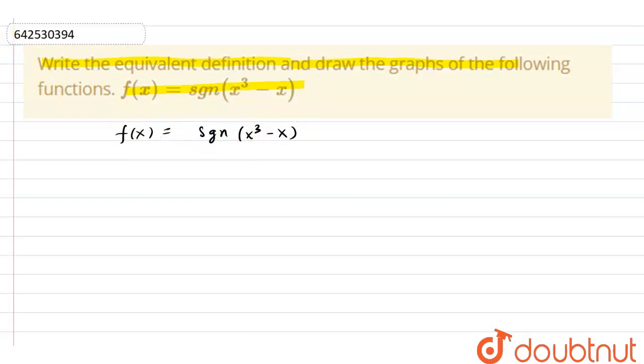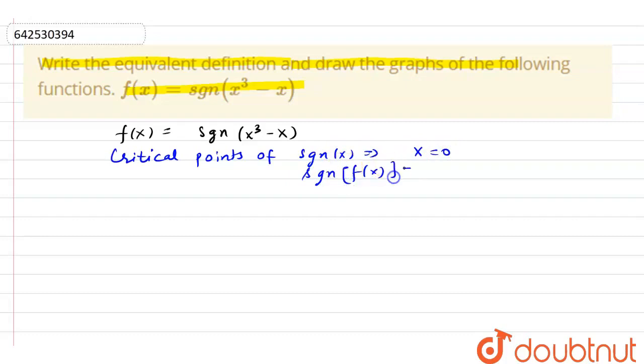Now we all know that to find the critical points of signum function, we need to put x equals to 0, or you can say signum fx, then we need to put fx equals to 0.